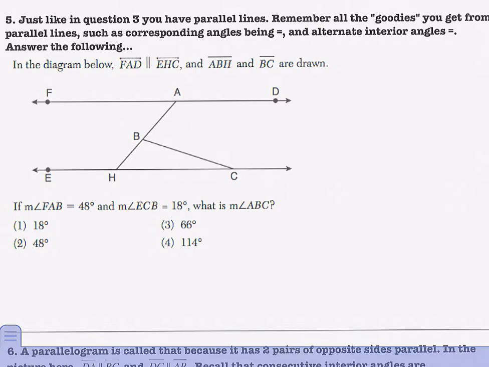For question number 5, just like in question number 3, you've got parallel lines. Just remember, you get all these extra goodies when it comes to parallel lines. The corresponding angles being equal, the alternate interior angles being equal. So use all this information that's given in this question to do your best in answering what is the measure of angle ABC.